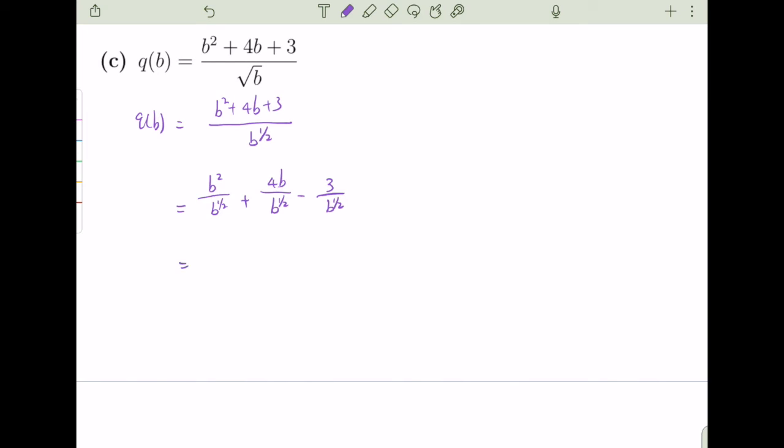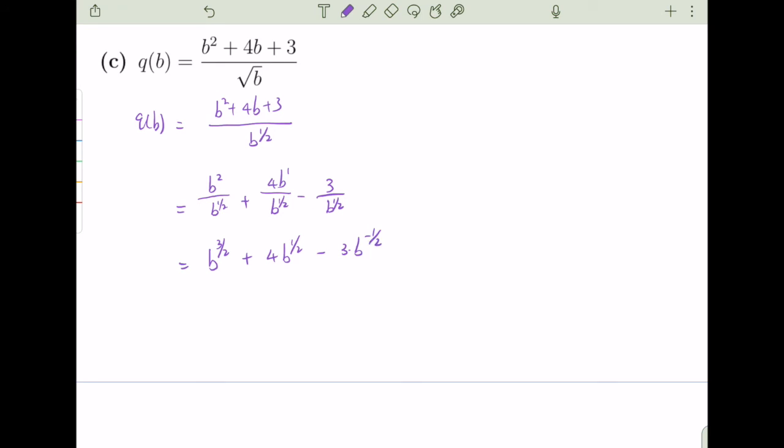So we have b to the 3 over 2, right? Just minus, subtract the power. So this is 4b to the 1 over 2 minus 3 times b to the negative 1 over 2.